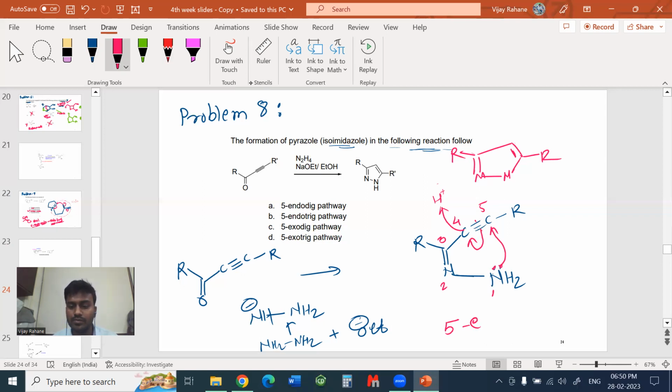So it is endo, and this center formed is sp2, that's why it's dig. We know all this dig trig. So which is the correct option? 5-endo dig pathway. So option A is the correct option, 5-endo dig.